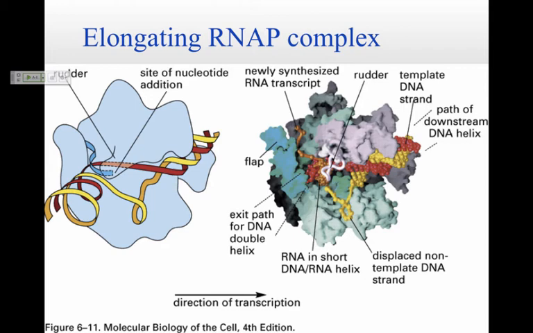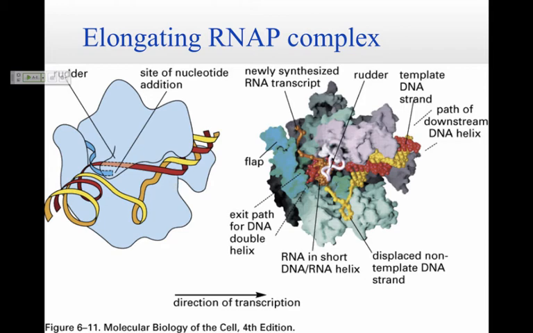The other thing to mention here is that you've got this looped structure, which is protein, that basically pokes its way in between the two strands and holds them apart. So that's sort of the helicase activity that, again, you have with the RNA polymerase itself. And that's what seems to be holding the polymerase on.